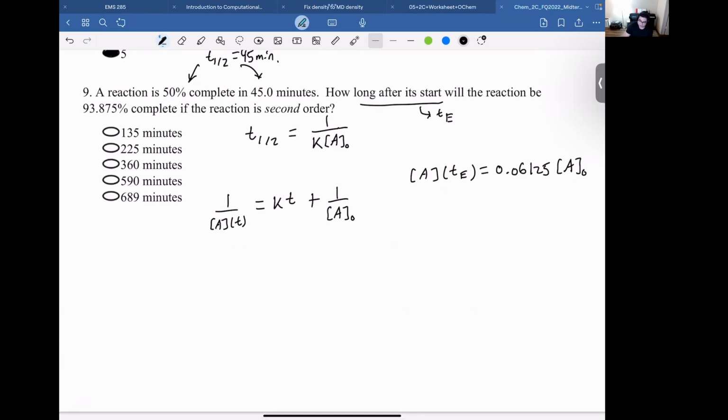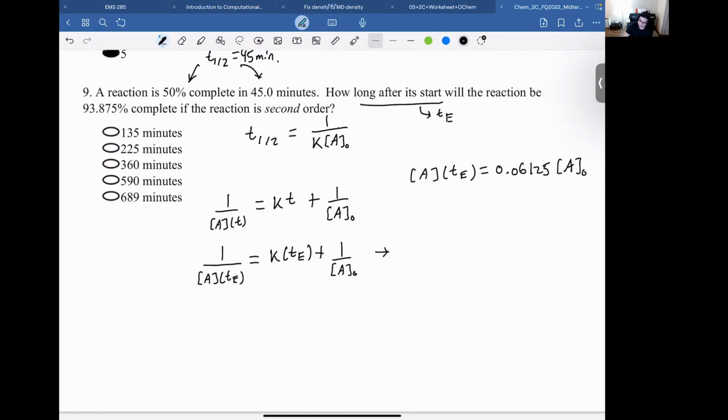So I'm going to do this. 1 over A at some time that is being elapsed is equal to K, which I will substitute in a second, times this time elapsed, plus 1 over the initial concentration.